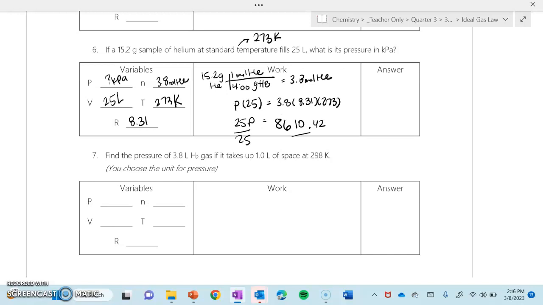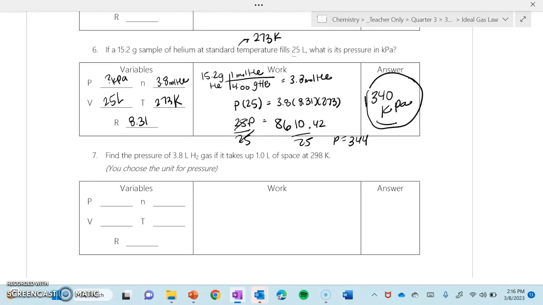Solve for P, 344. Beautiful. And we're going to need 2 significant figures here in our answer, so 340 kPa. Here's the pressure.